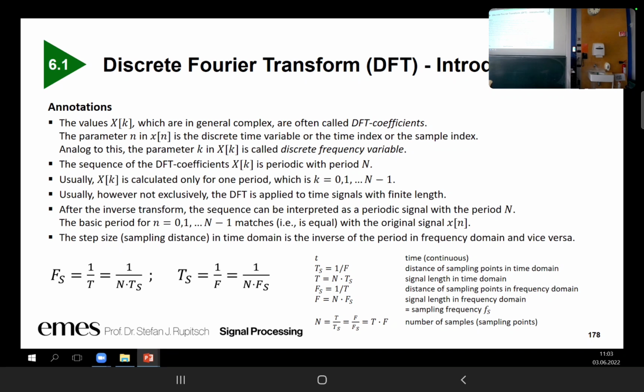Okay, I have a signal which reaches a length of 10 milliseconds, and the distance of sampling points would be 100 hertz. That's the distance between two subsequent points in the frequency domain.